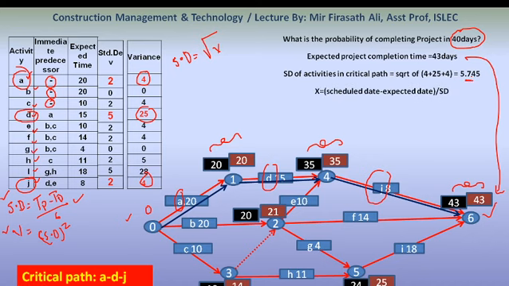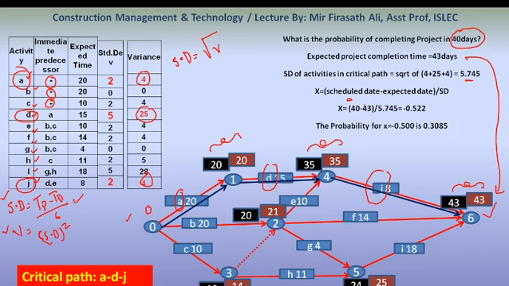Now what is the formula? In the beta distribution curve we have seen that x is equal to the scheduled date minus the expected date, divided by the standard deviation. Our scheduled date is 40, minus the expected date 43, divided by the standard deviation 5.745, which is approximately minus 0.522.